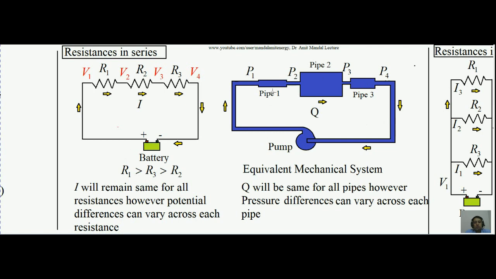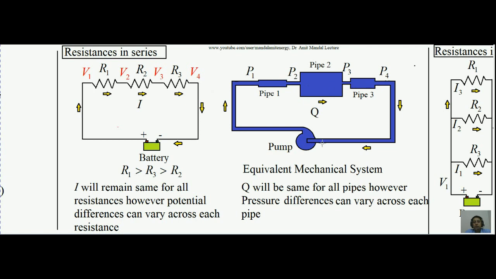We know that the frictional resistance force offered to the flow of liquid by the pipe depends upon the diameter of the pipe. The greater the diameter of the pipe, the lower the resistance offered. Since R2 is least, I have made the highest diameter pipe equivalent to R2, because its resistance to flow is lowest. R1 is highest, so this is the thinnest, the most thin pipe over here, and R3 is in between, so this is a medium diameter pipe.